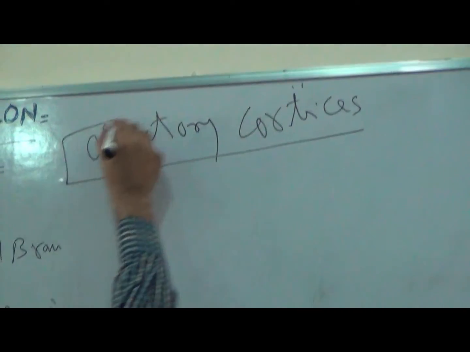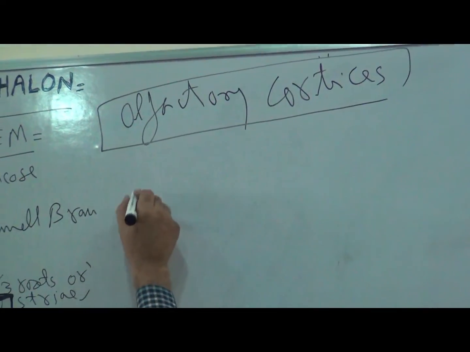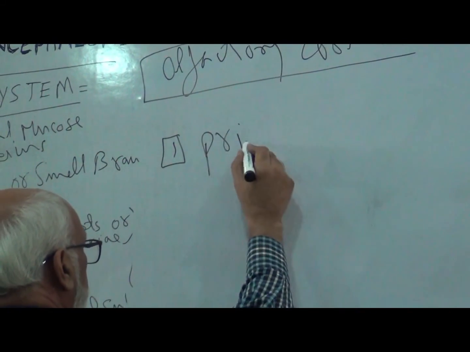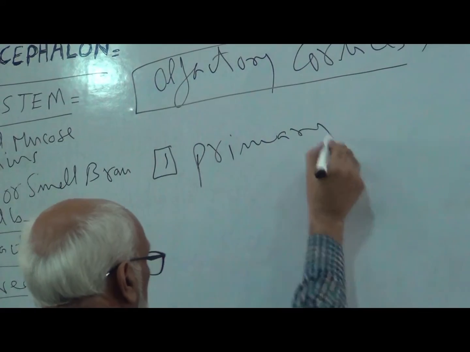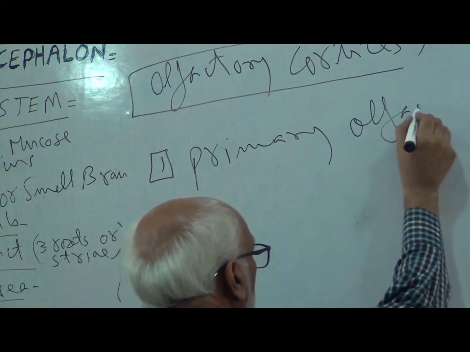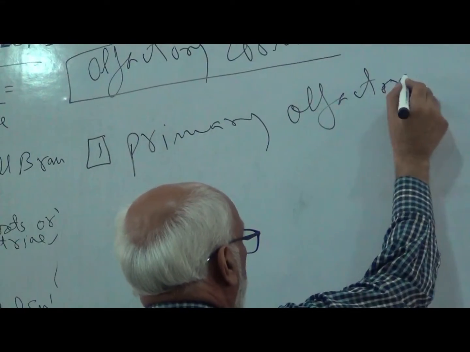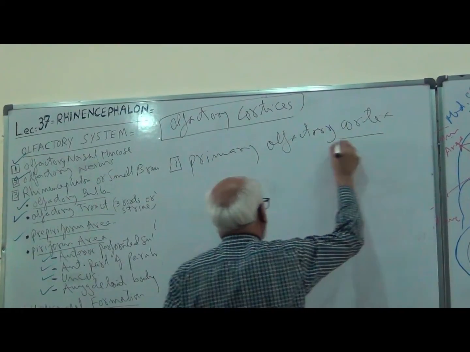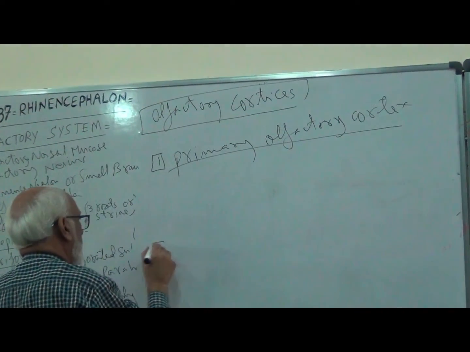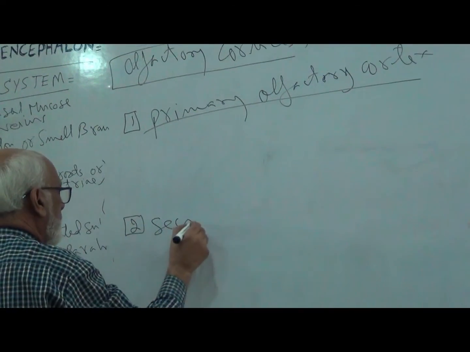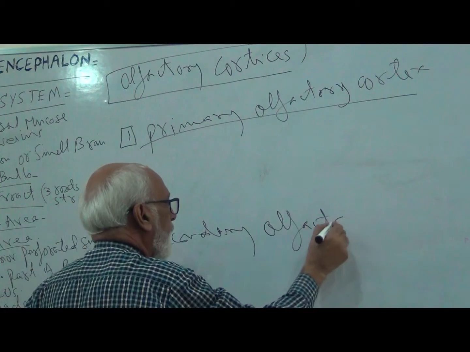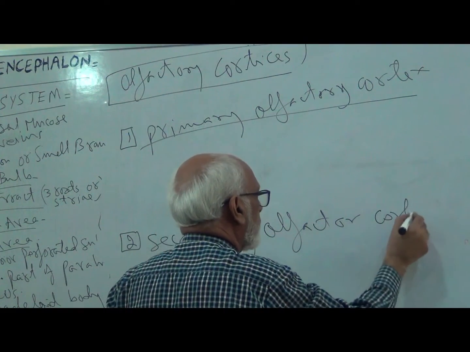Olfactory cortices, we divide them into primary olfactory cortex and secondary olfactory cortex.